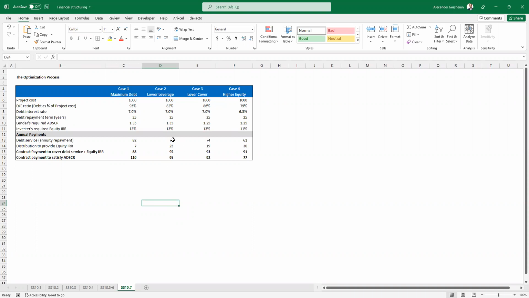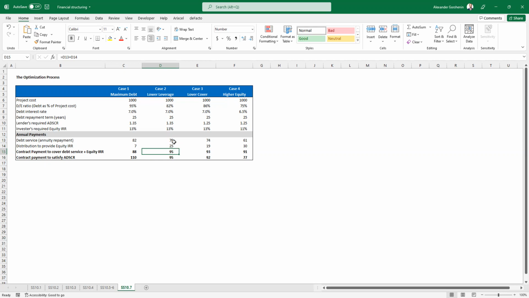So you can see here, with this lower proportion of debt used, you have lower debt service on the basis of annual annuity calculation, you have higher distributions, and you have the final contract price of 95.